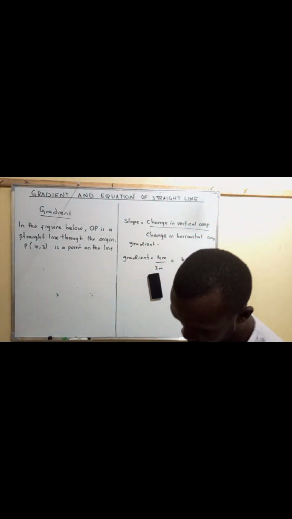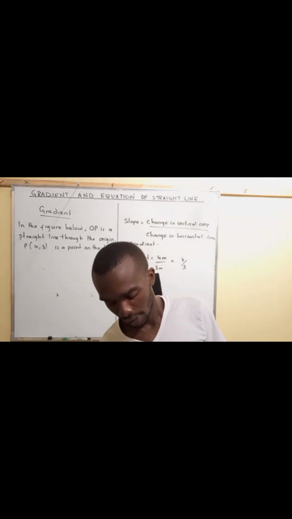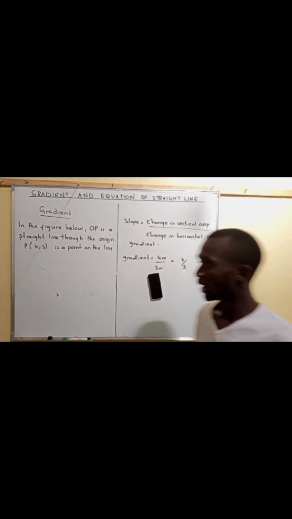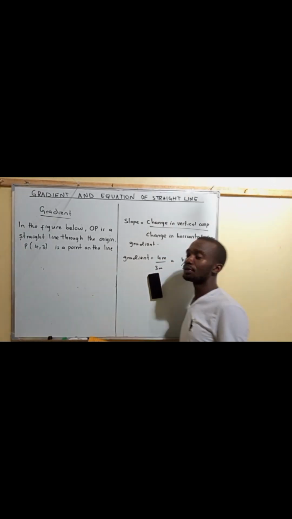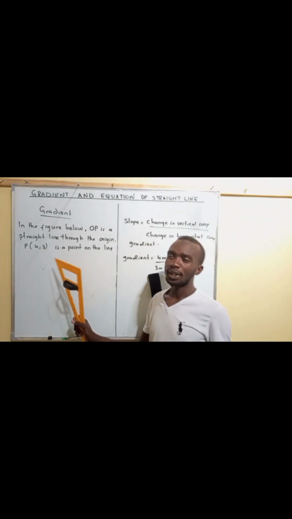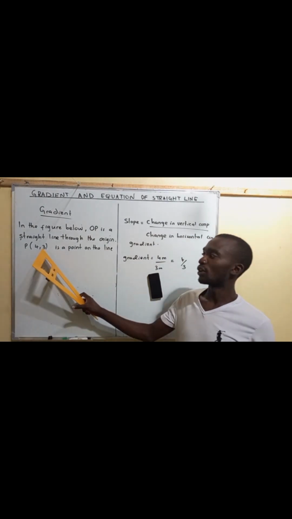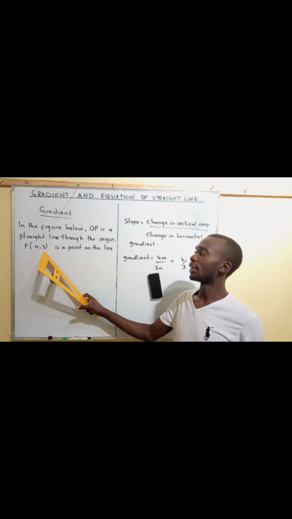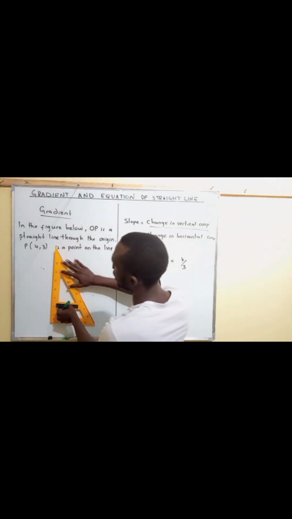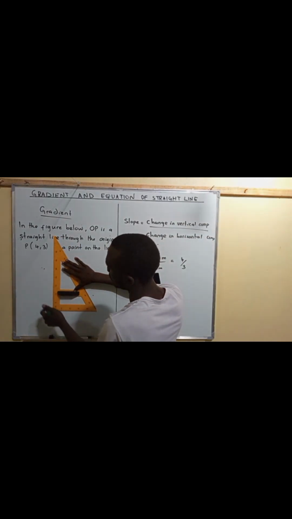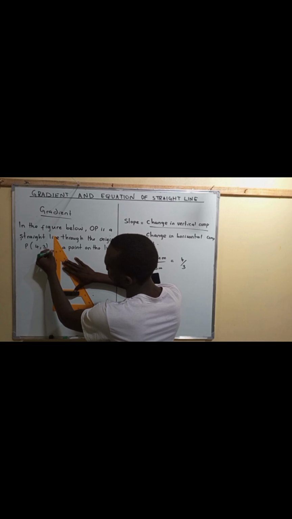Now we have a sketch on the Cartesian plane, which has the origin O and point P. The coordinates of point P are 4, 3. The 4 is the x component and the 3 is the y component of the point P. So I'm going to sketch that Cartesian plane.